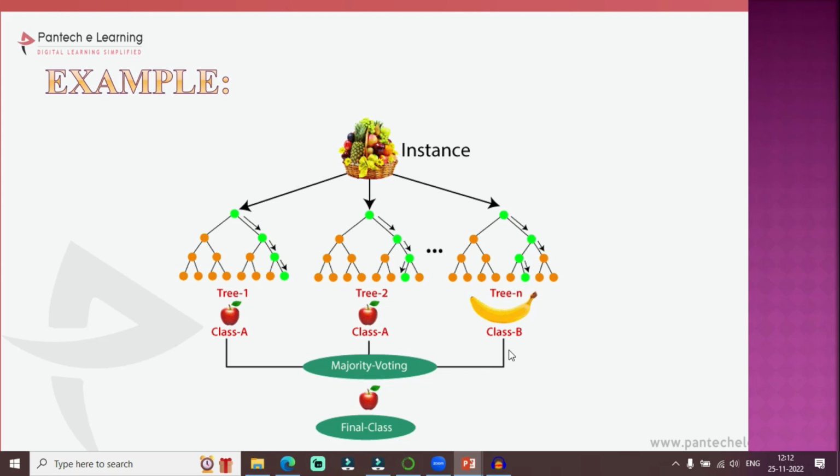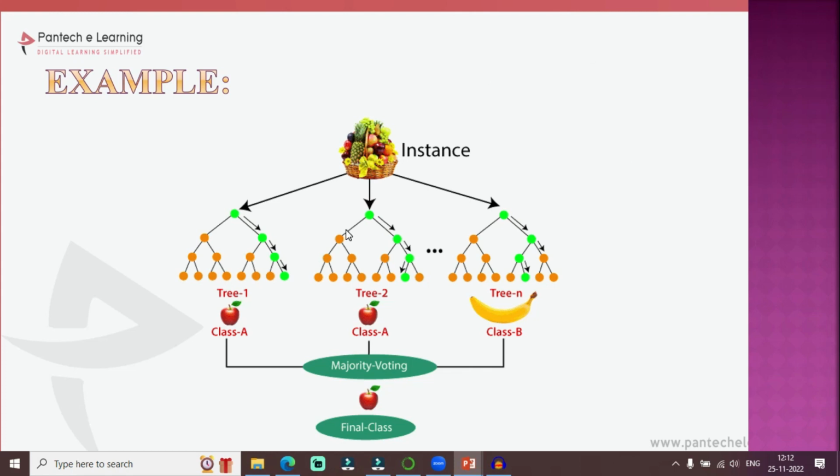And I am going for different types of ensemble techniques. For example, I can go for maximum voting or some other type of ensemble technique, and finally I am going to predict the type, for example whether it is an apple or a banana. So I am going to predict the final class. Clear with this? For example, apples, pineapples, grapes.